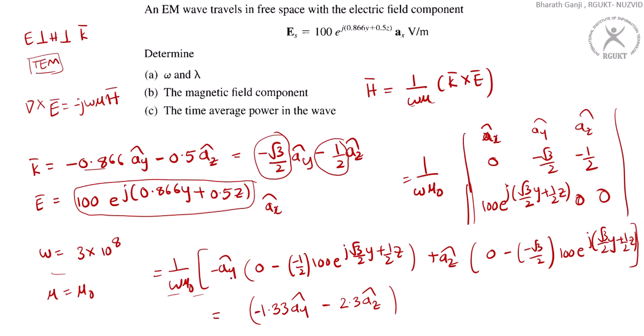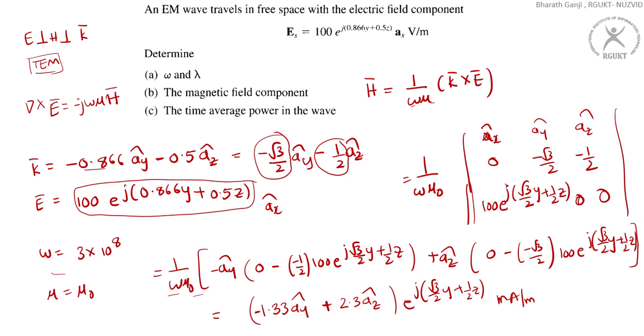These are the minus ay cap, and you get a plus sign here, times, of course, e power j root 3 by 2 y plus half times of z. You get milliampere per meter.